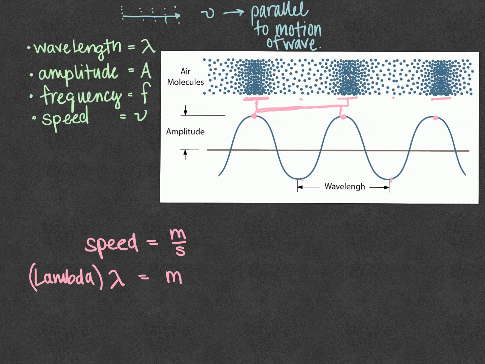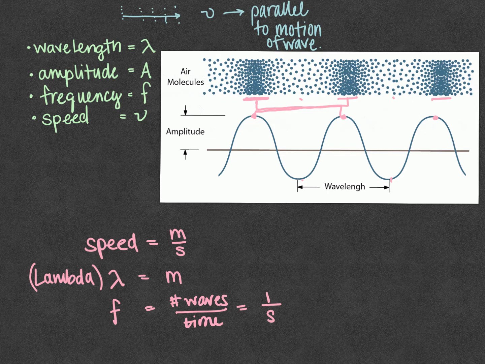And frequency, or f, is the number of waves or cycles per time, so the unit would be 1 over seconds.